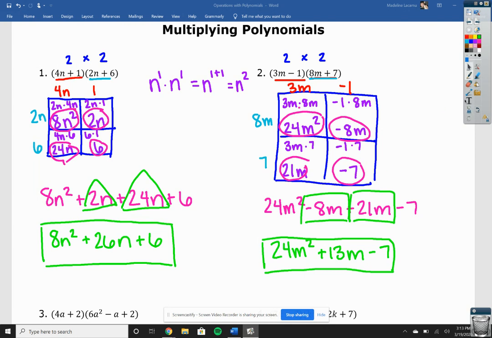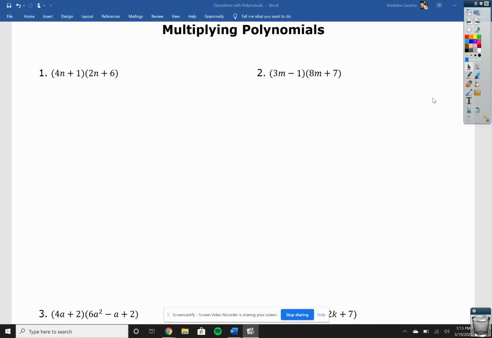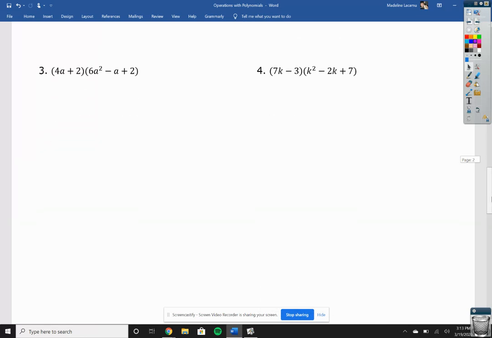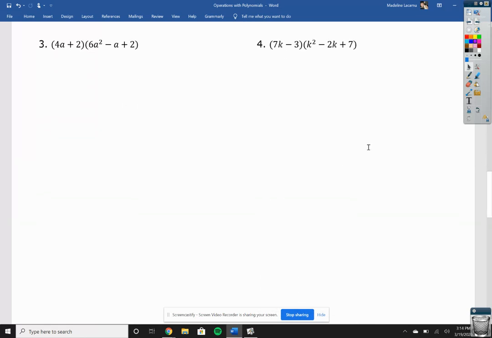All right, moving on to the next two. So the only thing different about 3 and 4, this time it's not going to be a 2 by 2 box.